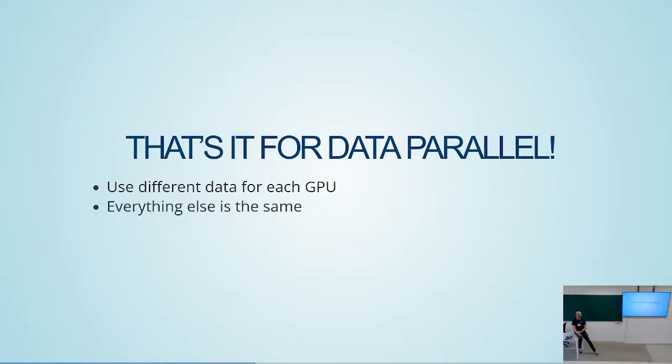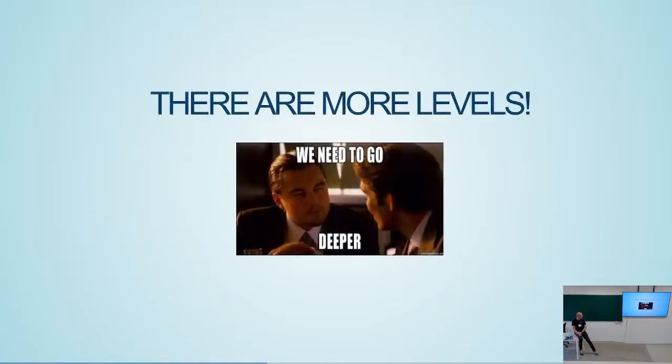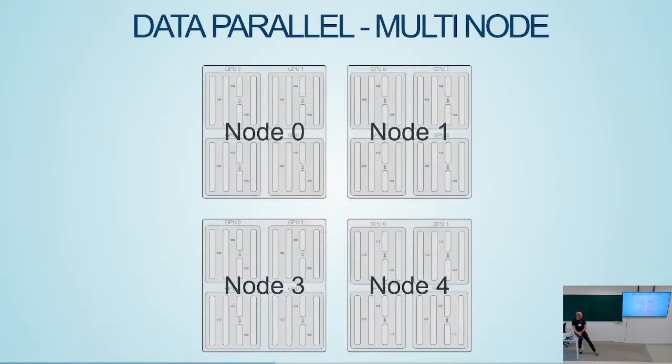So that's it for data parallel. You use different data for each GPU, you keep doing the work, average the weights of your training, and go to the next step. Well, almost. There are more levels of that. One thing is that you can do the same via multinode. Multinode means that you have complete nodes with their own GPUs, and then you average over the network.